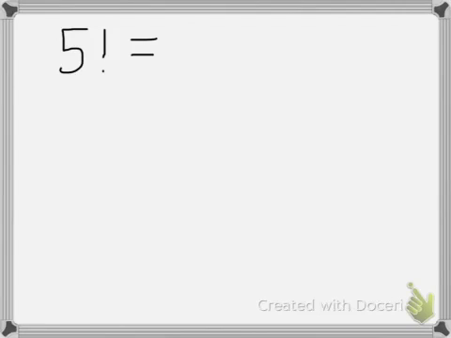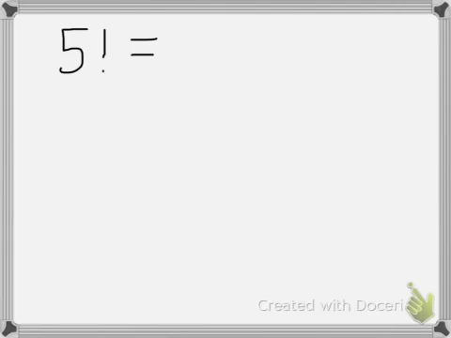Last thing to cover in this lesson. An exclamation point in English means that you put an emphasis on that sentence. So when you initially see this, 5 exclamation point, you may think it means 5, as in excited about the number 5, but it actually doesn't.